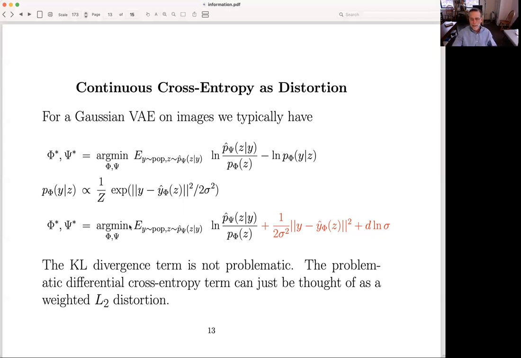So if I take the log probability, I get something over here that's looking at the squared difference between what the decoder deterministically computed and what it's trying to match. So this is a nice squared difference. Now in practice, even though according to the VAE objective function, I should be able to optimize sigma, in practice people just ignore this term, and they ignore the fact that this is part of the parameterization of the decoder.